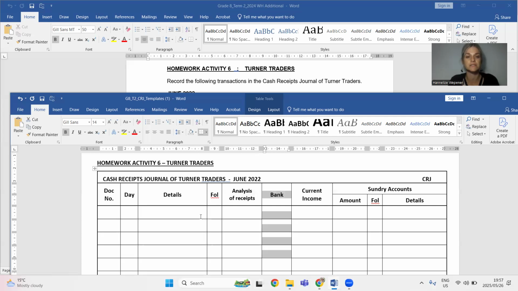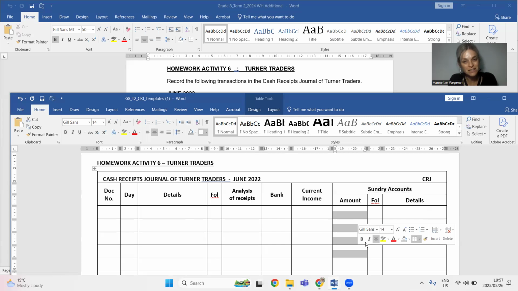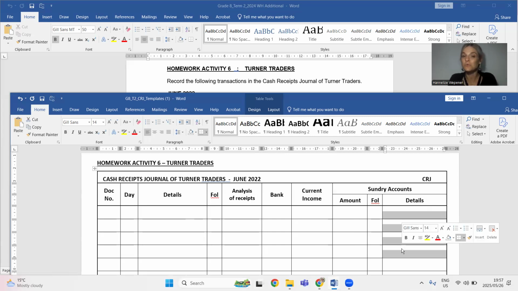If you received it because you rendered a service, because you are now in grade 8 doing service rendering businesses, then that amount will go to current income. If it is for any other reason, you will take it to our any other reasons account, our sundry accounts, and then you will enter the amount that you received, and then you will tell me why you received it by giving me the relevant account name.